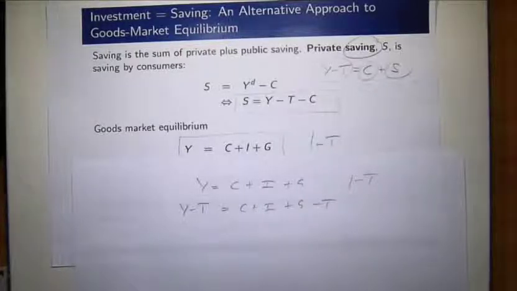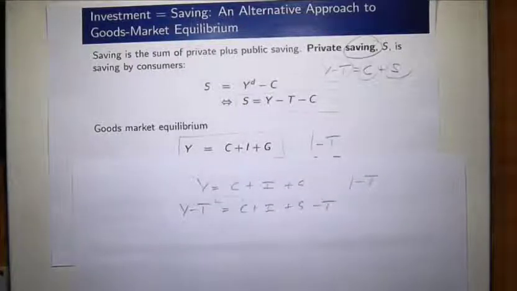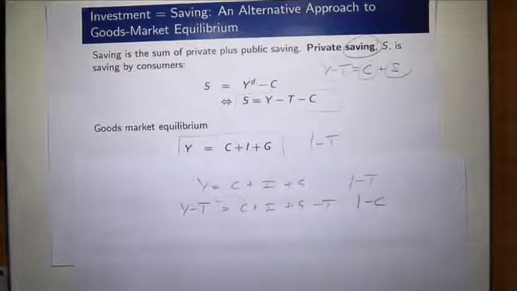And then the next step is simply to bring C on the other side. So I take minus C on the left-hand side and on the right-hand side of this equation.